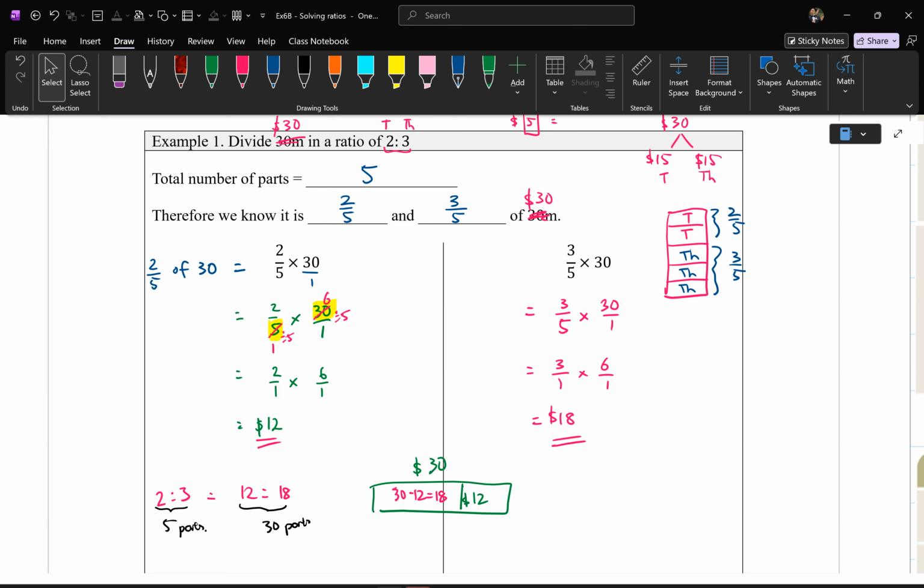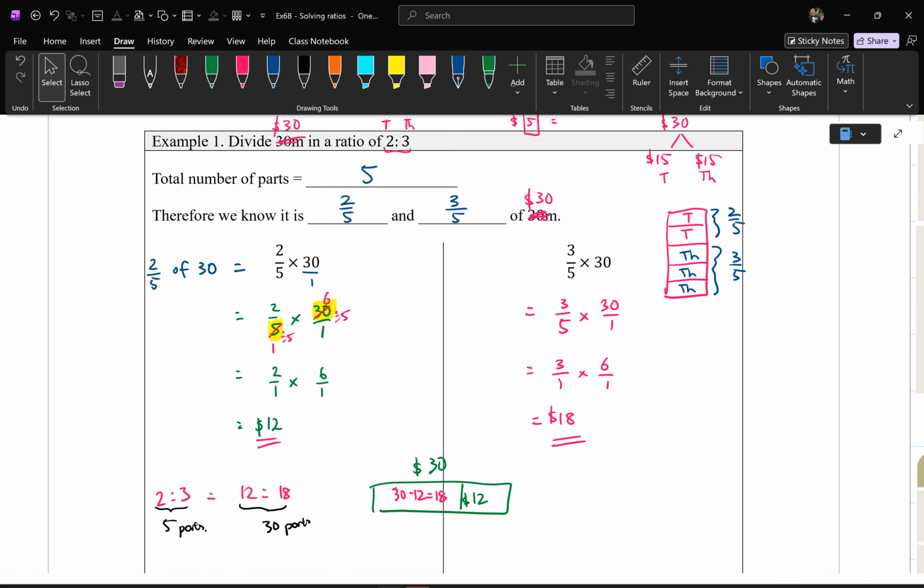Question? Can you just add the ratios together and then divide it by that number and then just times it by each type of ratio? Yes, that's another way that I see most students do as well. Since you know there are 5 parts, and you know the total was $30, you could have just done 30 divided by 5 parts. So if you know how much each part is, then you just times it for each person.